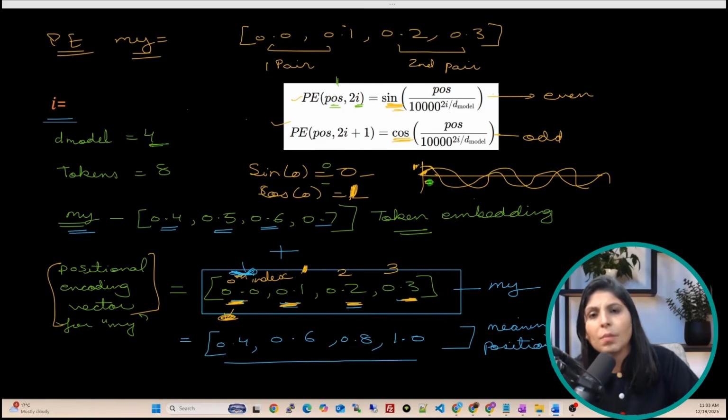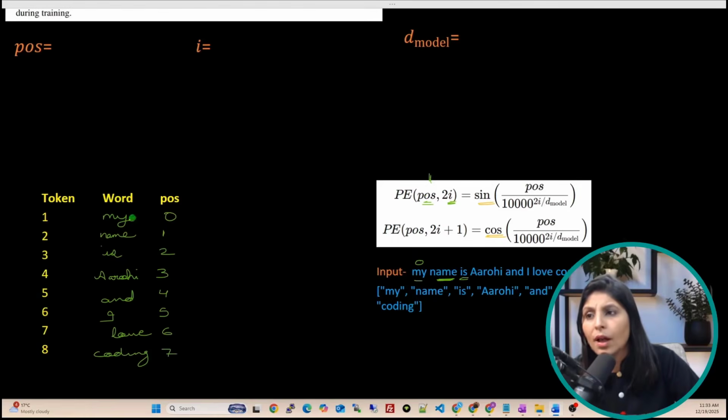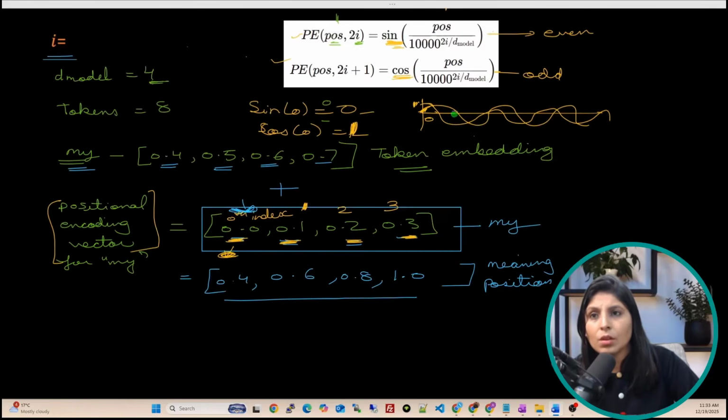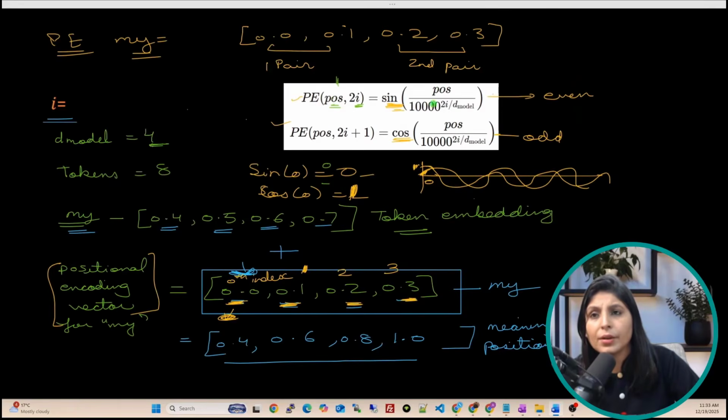I told you that for my token, position will be 0. And then we have this 2i, where i is the index value of each number in the positional encoding vector. And d model, for simplicity, let's say d model is 4. So you will have a 4. You will solve it in the same way and fill values in it.